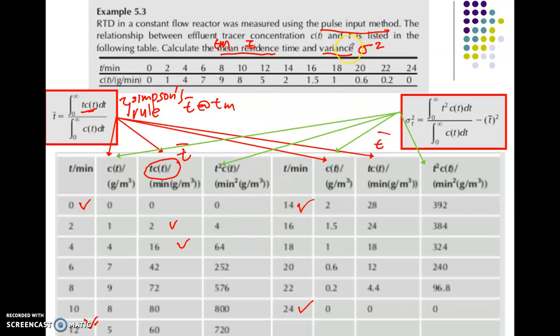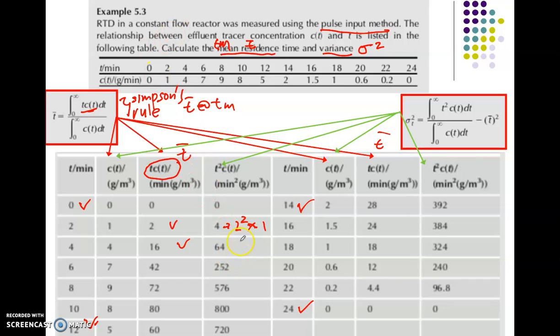The next one, solving the variance, follows this formula: the integral of T square CT dt over the integral of CT dt. You solve this using Simpson's rule, and that's why we have this column, T square CT. For instance, at 2 minutes, 2 to the power of 2 is 4, times 1, so you get 4.